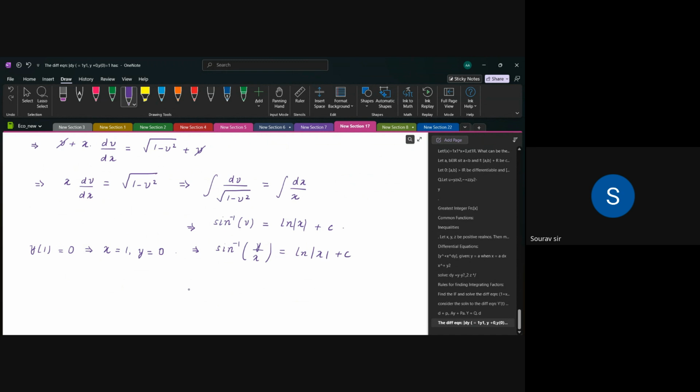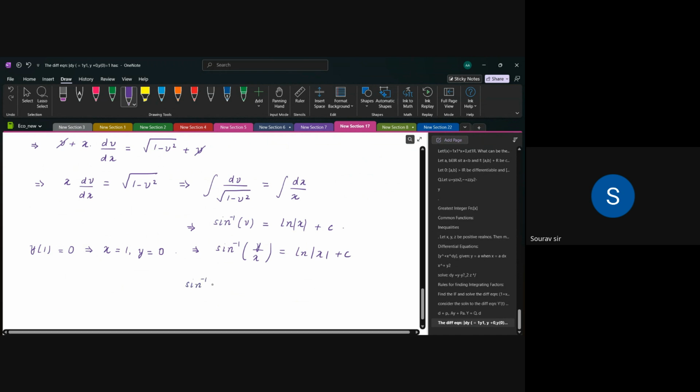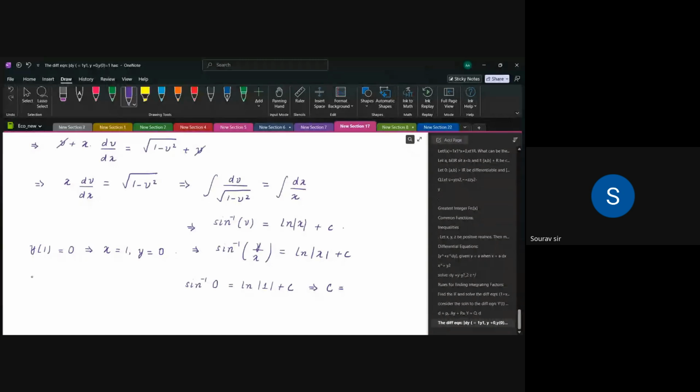So if I replace this value, sine inverse of 0 is equal to log of 1 plus c. So what is c? c will be 0.